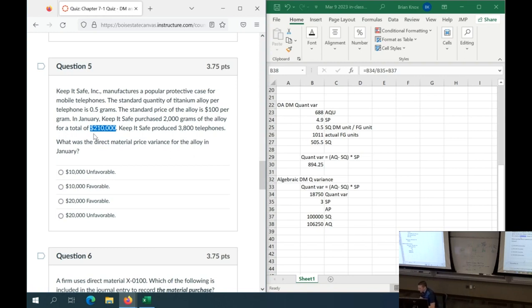I might have to pull out the actual price to solve this equation, if I'm committed to using the algebraic form. But remember, there are two ways to solve this problem. There's the algebraic way and there's the non-algebraic way, two formulas that we had.